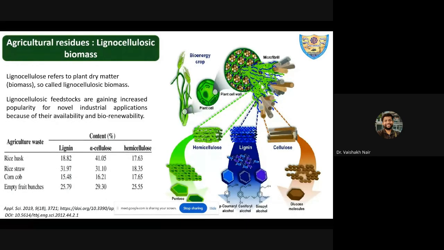Lignin is right now being researched, and people are trying to utilize it for getting value-added compounds. But if you look into the chemical, there are three different components of a lignocellulosic biomass: cellulose and hemicellulose being sugars, lignin being mostly an aromatic phenolic polymer. It is the most abundant natural aromatic polymer.